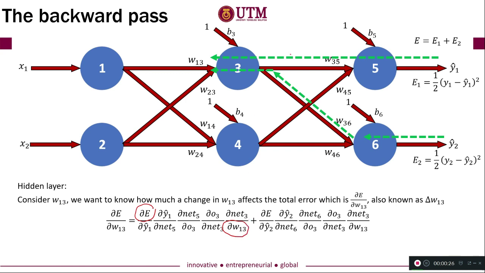Because we have two backward passes involved in this one, one from here and one from here. Of course, the second item still starts with E and ends with W13.